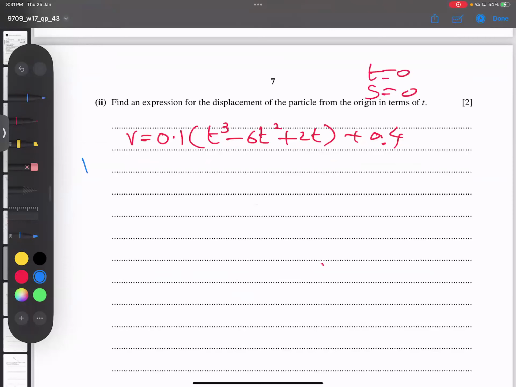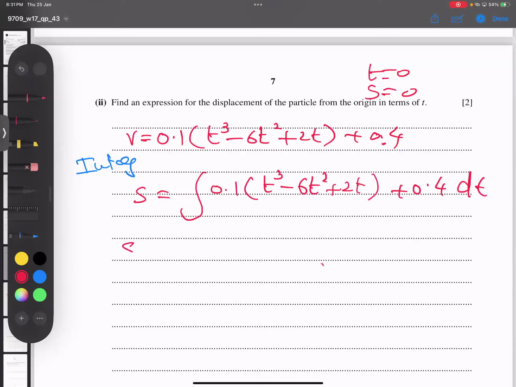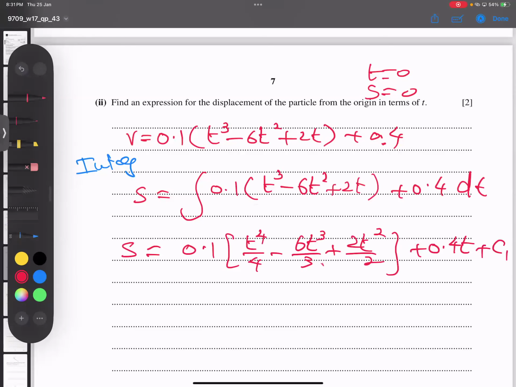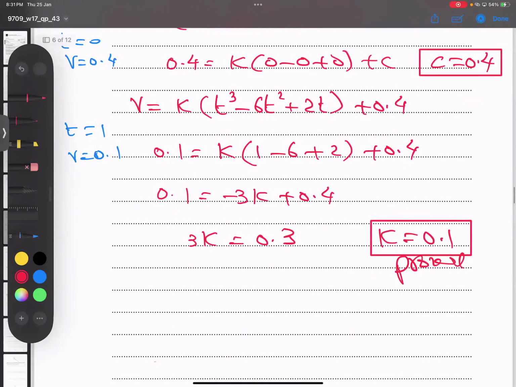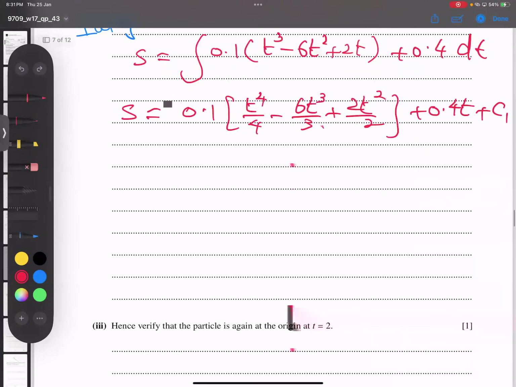I will integrate both sides. So s, the displacement, equals 0.1 times the integral of (t cubed minus 6t squared plus 2t) plus 0.4, dt. Now when I integrate, increase the power by 1 and divide by the same, for each term, and 0.4 becomes 0.4t, plus c1, because c was used already here, so I take another variable.